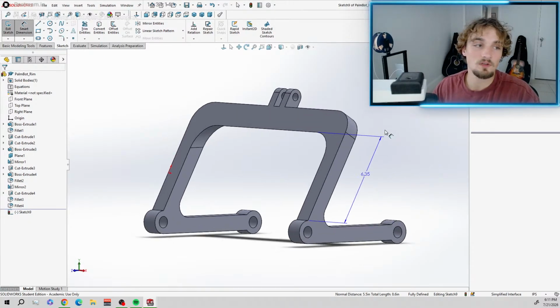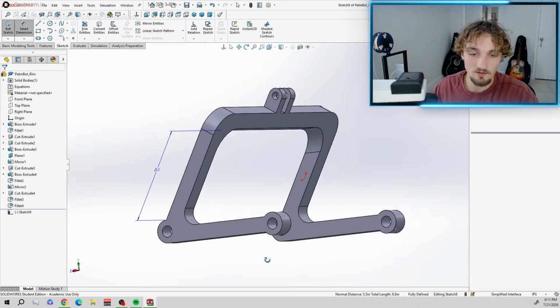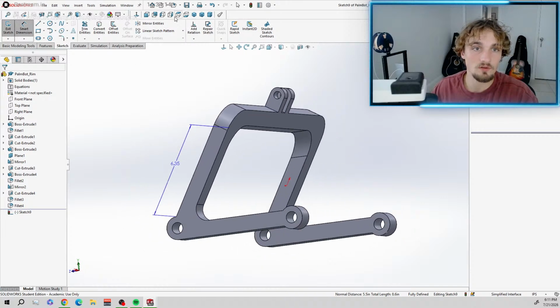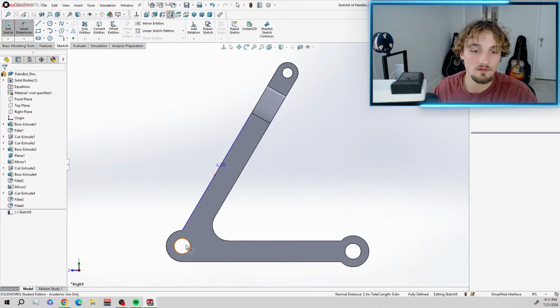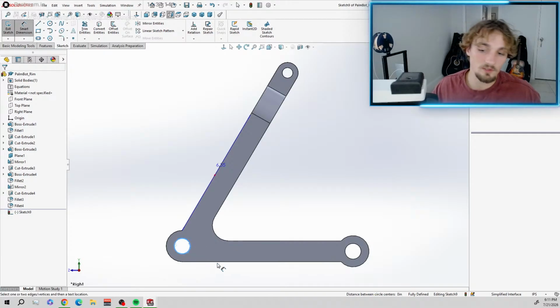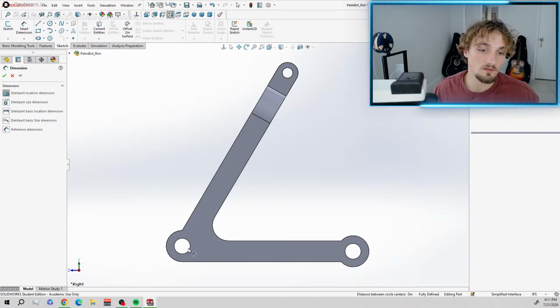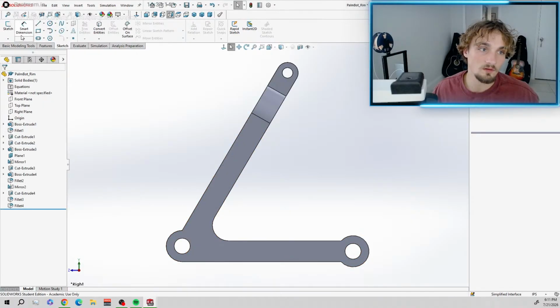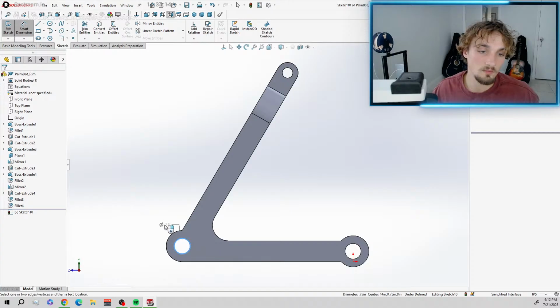We'll see. Okay, now I need to know the diameter of this. So let's look from the right side. I need the diameter of this. Come on, buddy. Okay, maybe I need to exit the sketch. No. 0.75.